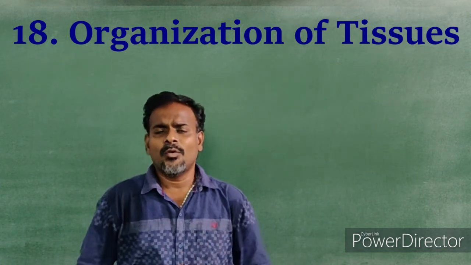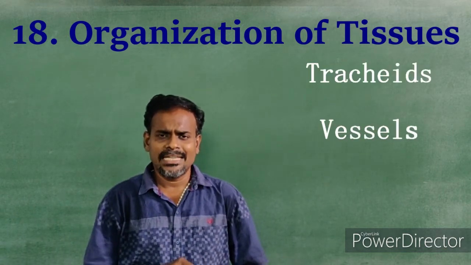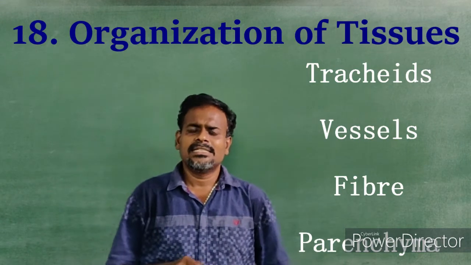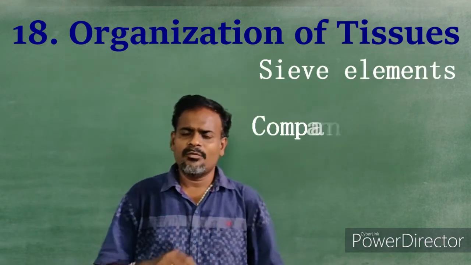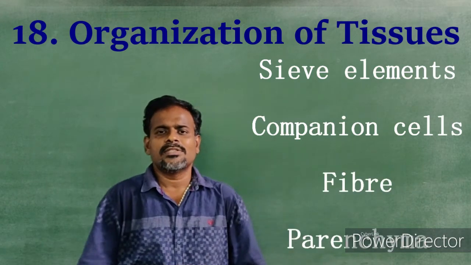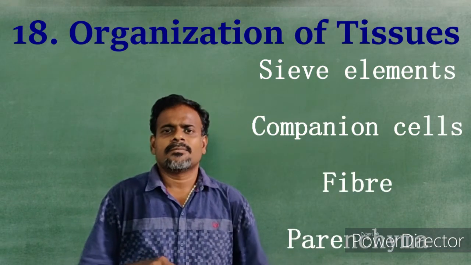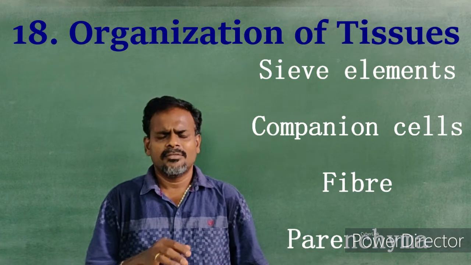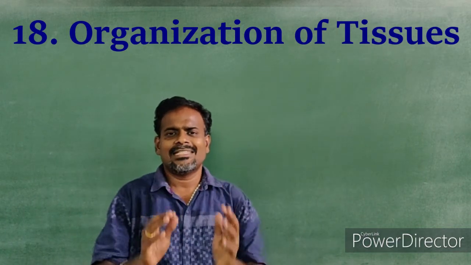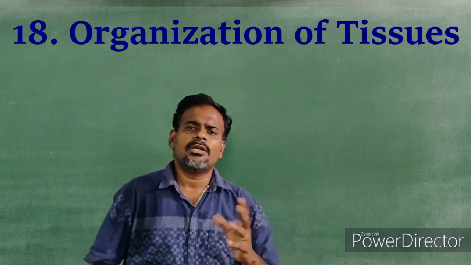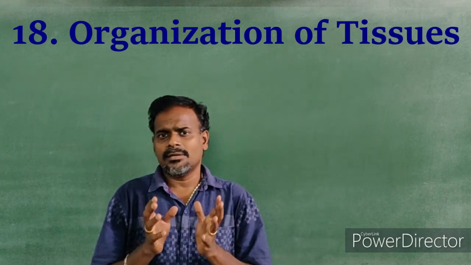In xylem, there are four types: xylem tracheids, xylem vessels, xylem fiber and xylem parenchyma. In phloem, there are again four types of tissues: sieve tubes, companion cells, phloem fiber and phloem parenchyma. So this is a brief idea about your plant tissues.